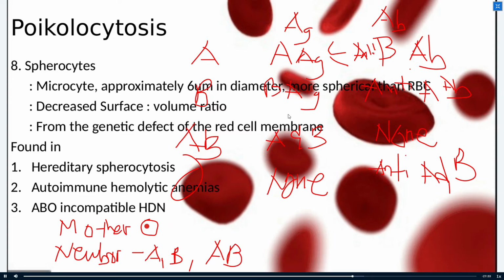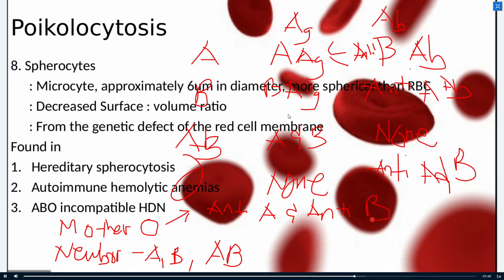Bakit? Your mother is blood type O. What antibodies does your mother have? Anong antibodies? If the mother is blood type O, what is the? So it would have anti-A and anti-B.